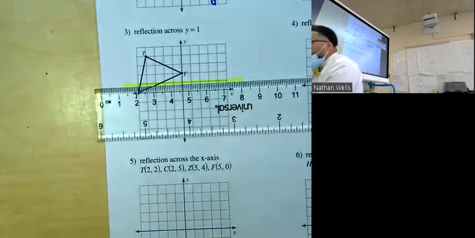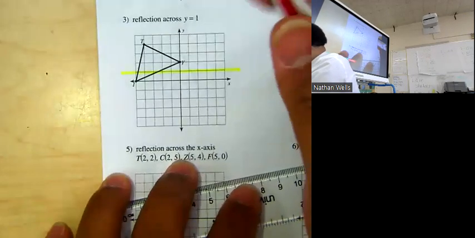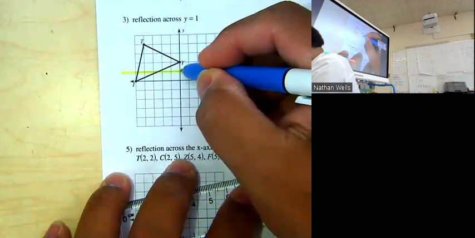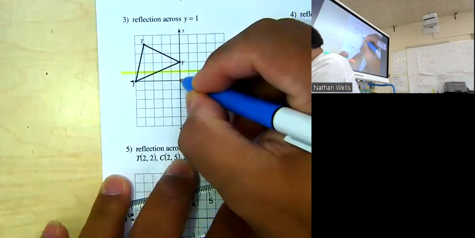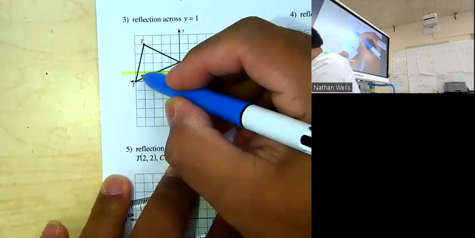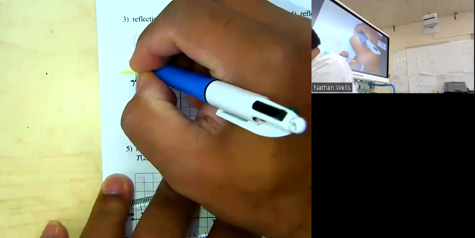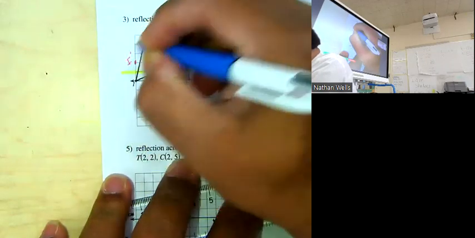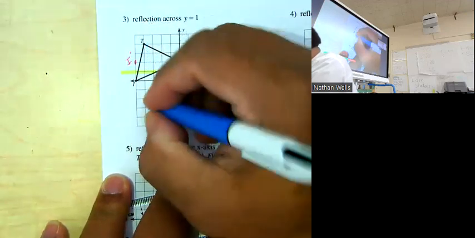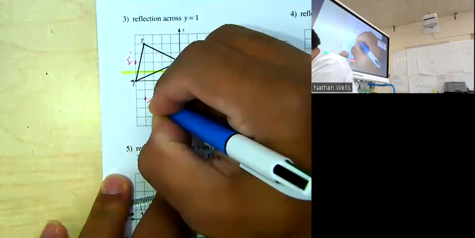So that's the line over which we are reflecting. And it's just simple, count to that line from each point. Y is 1 point away, so Y prime will be 1 point to the opposite side. I is 1 point away, so it will be 1 point away to the opposite side. T is 1, 2, 3 points away, so 1, 2, 3 points on the opposite side would be T prime.